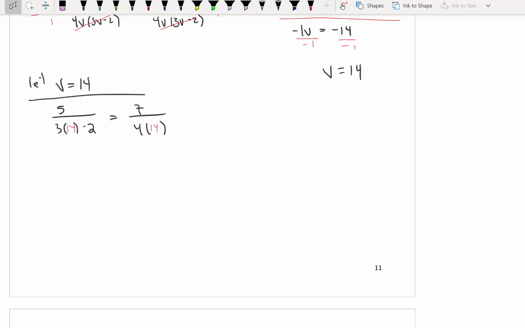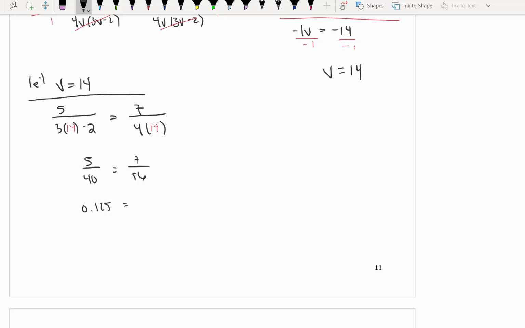So when I get my calculator, I will have 5 over, if I have 3 times 14 minus 2, that gives me 40. If I have 4 times 14, that gives me 56. So if I do this on my calculator, 5 divided by 40 gives me 0.125.